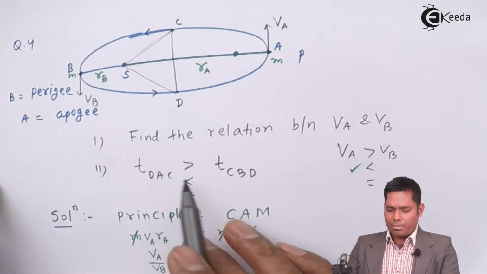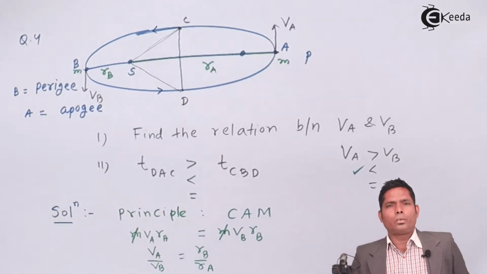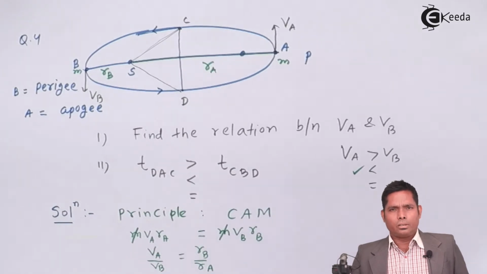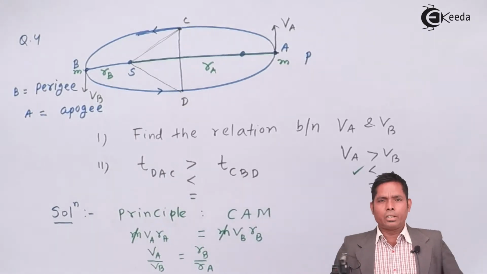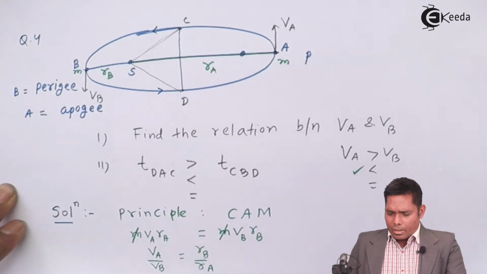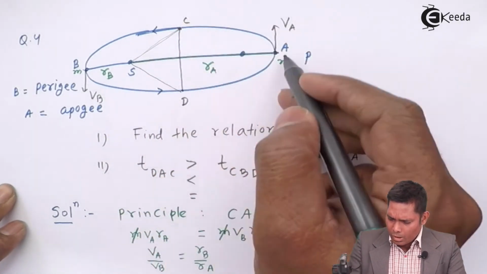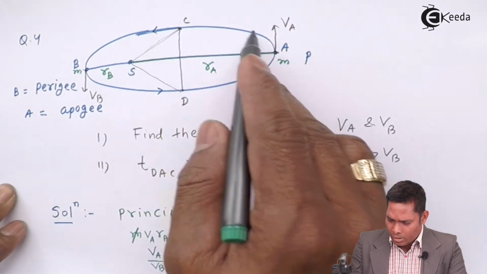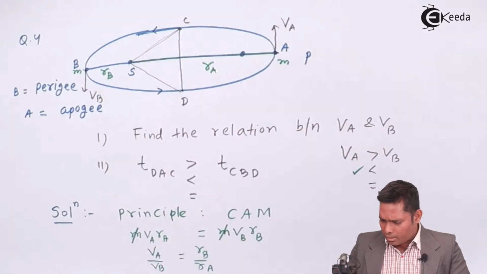Now coming back to the time taken, for this we have to think of Kepler's second law, which talks about areal velocity. It says the planet sweeps out equal area in equal intervals of time. From here to here, D to A to C, the area swept by the planet with respect to the sun is this.